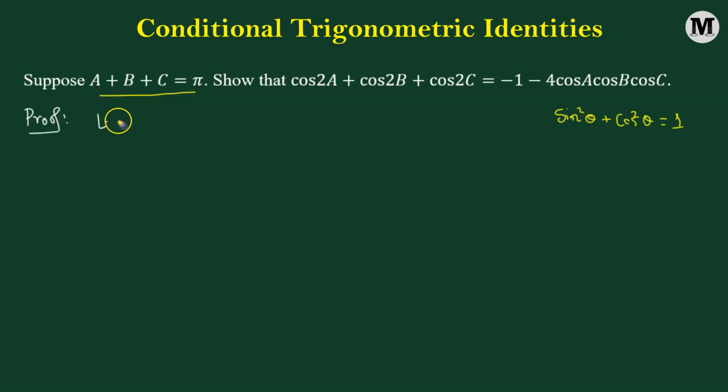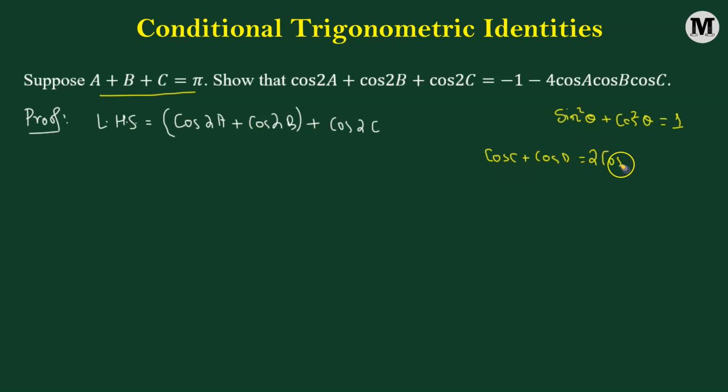We'll start the proof from the left hand side. On the left hand side we have cosine of 2A added to cosine of 2B. To it we are adding cosine of 2C. So what we will do, we're going to combine the first and the second term by using cosine of C added to cosine of D. That's going to give us 2 times the cosine of angle (C plus D) over 2 multiplied to cosine of the difference (C minus D) over 2.